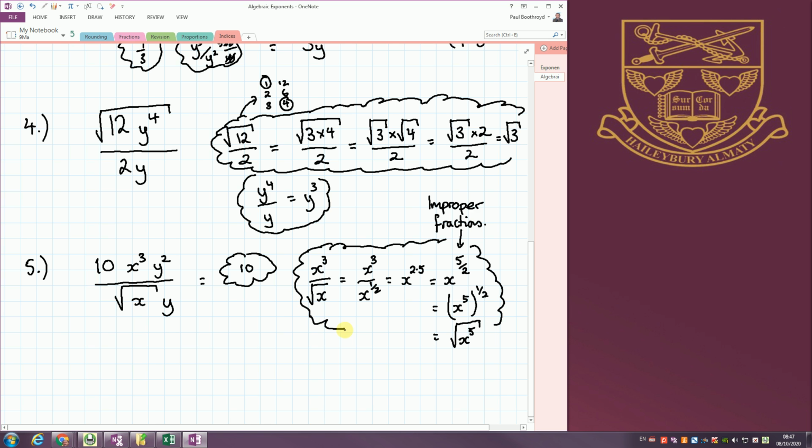And we're left with y squared over y, which cancels down to just y. So we've got 3 bits that we're going to bring together, and we get 10, the square root of x to the 5, and y on the end.